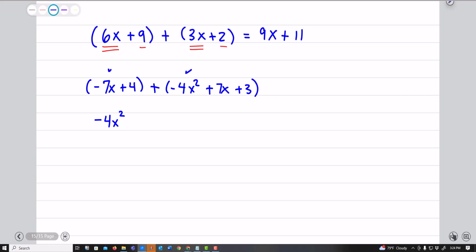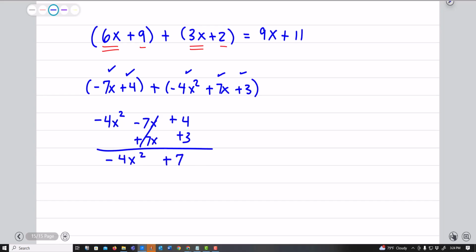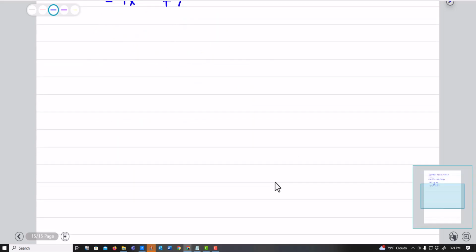And now I see I have a minus 7x, and here I have a plus 7x. And then I have a plus 4 and a plus 3. So I would get negative 4x squared. That cancels. And then plus 7. Just kind of popping through your problems.